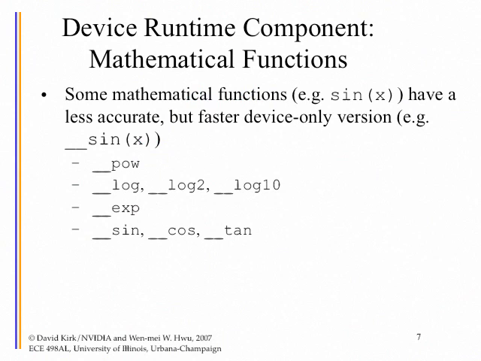There are some mathematical functions, such as the trig functions, that have less accurate but faster device-only versions. These are actually executed in hardware in something called the special function unit, and they can give you very significant performance boost for certain things, especially medical imaging applications.